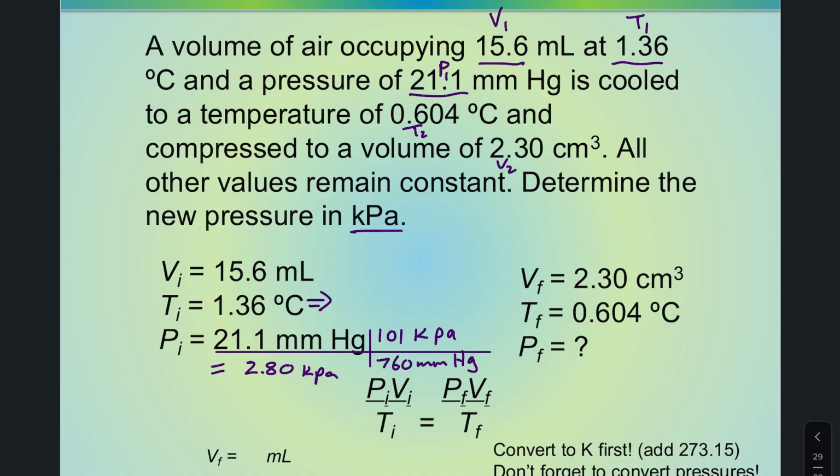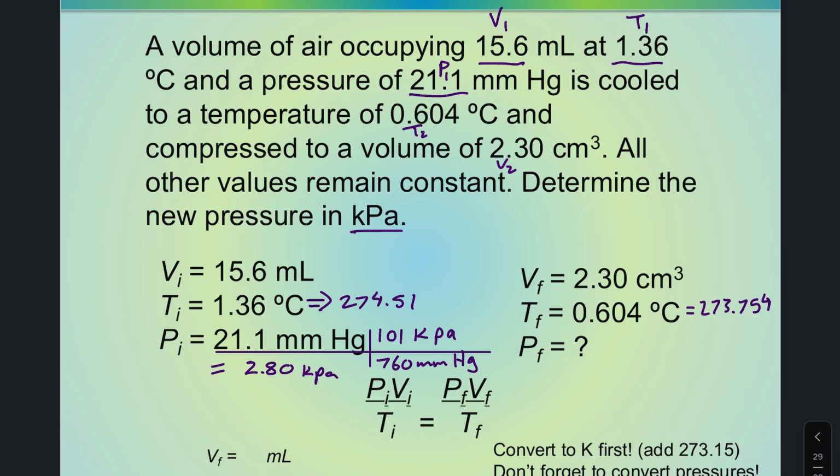We end up getting 274.51. And we'll do the same for the TF. So TF is going to be 273.754. And it's okay that those sig figs are a little bit long. We're going to trim them down at the end.